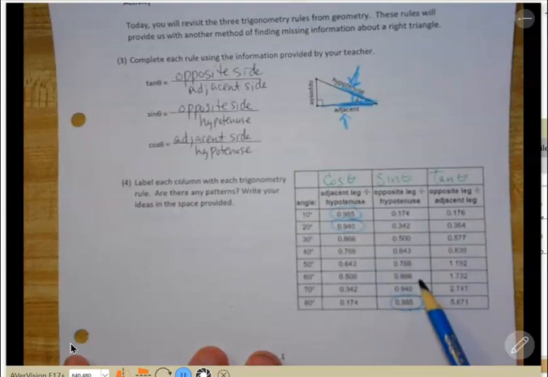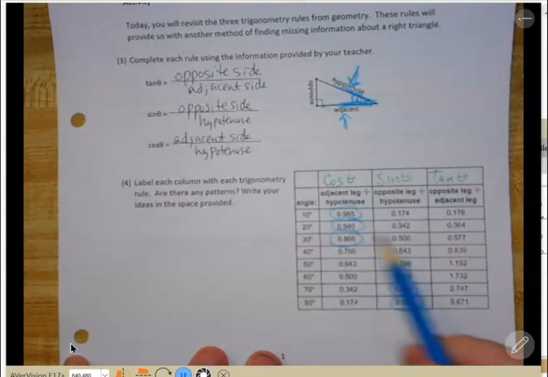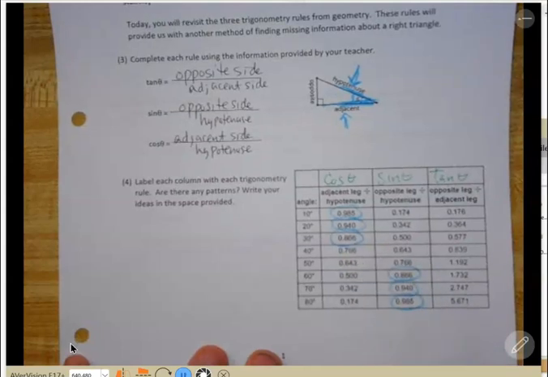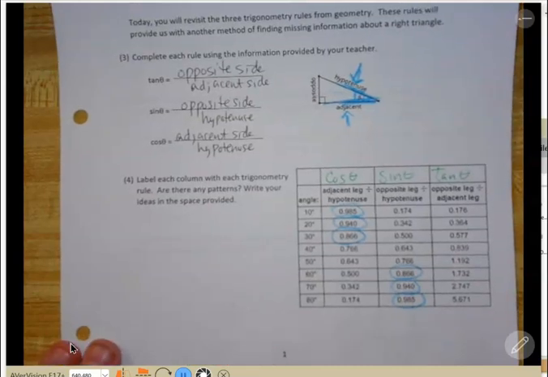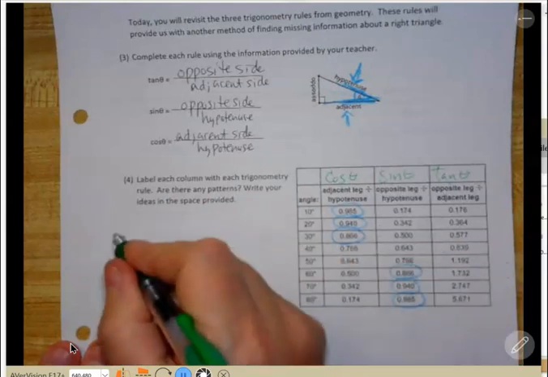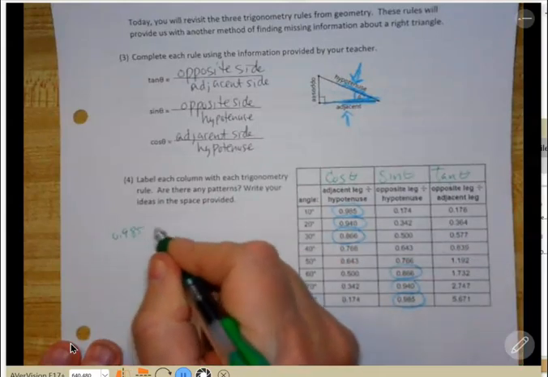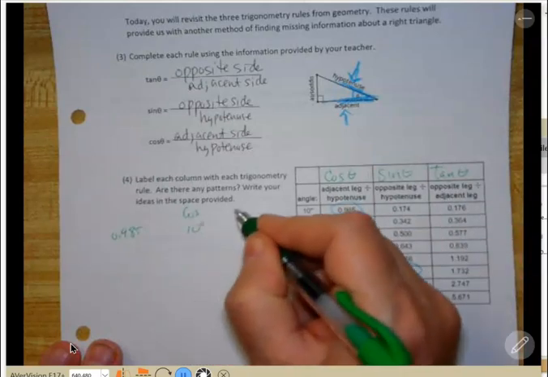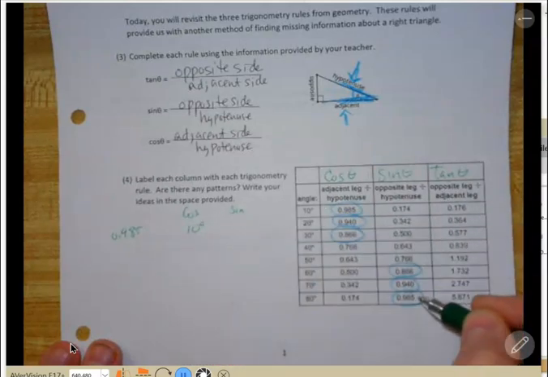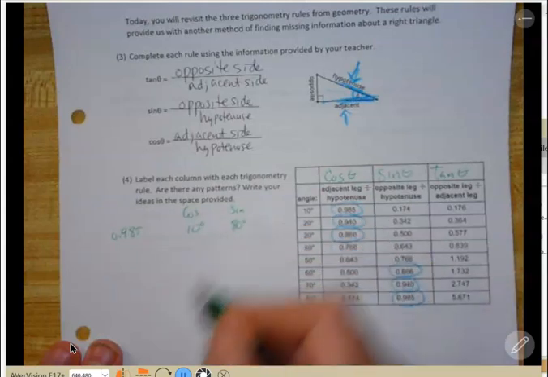The 0.940 shows up twice. The 0.866 shows up twice. So hopefully that's something that you noticed in this. What's critical here in terms of a pattern is for the 0.985 for cosine, it showed up at 10 degrees, and for sine, it showed up at 80 degrees.